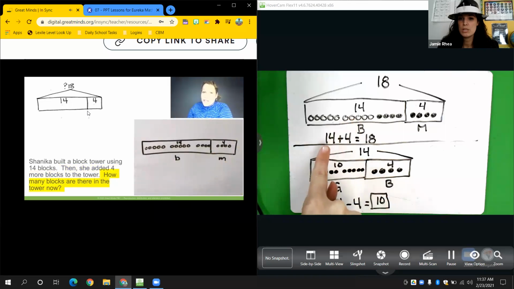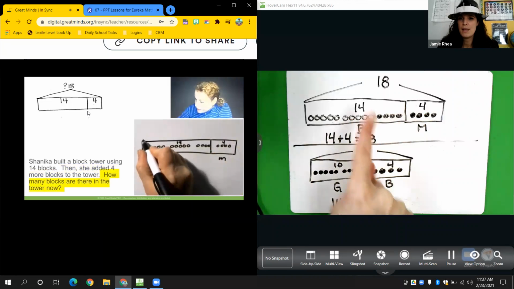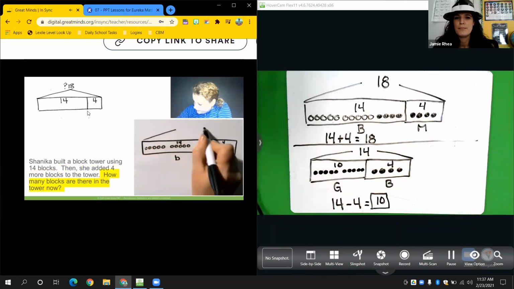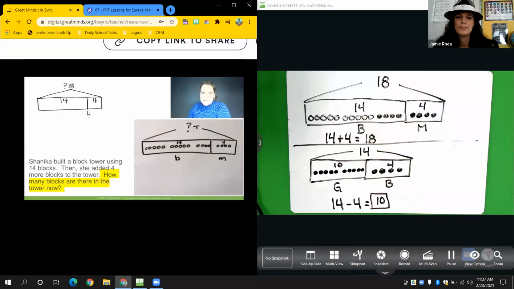Well, I know that means the total, how many blocks there are all together. So that's my mystery number, and I'm going to label this T for total. To find the total, I can add 14 plus 4.